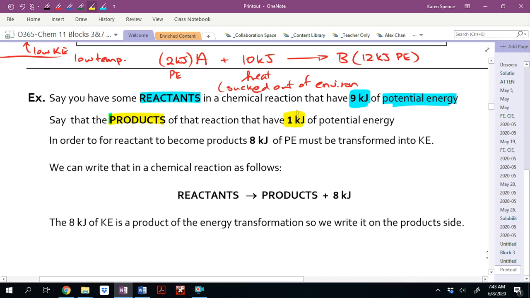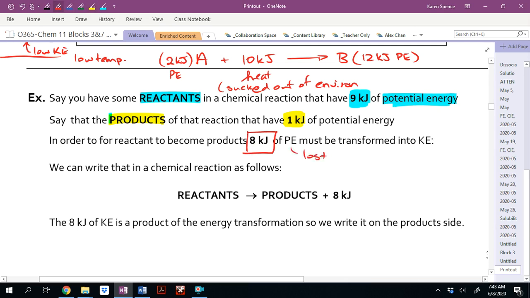Well, we went from a high amount of potential energy to a low amount of potential energy. Where did that extra energy go? We lost 8 kilojoules.